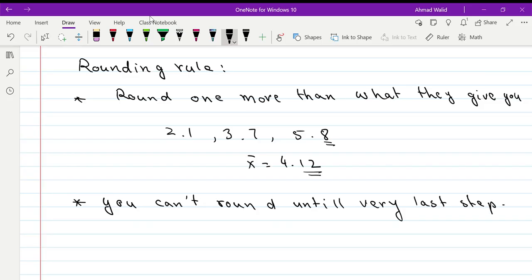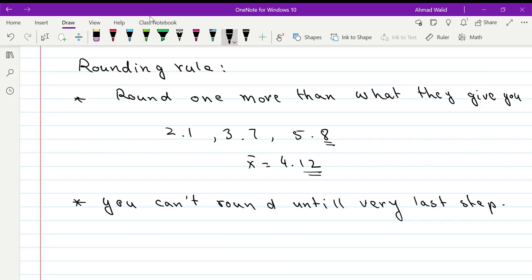Up to now, we are dealing with only one formula, but soon you will see there are formulas where you first find the mean, then you plug in your mean to another formula and calculate something else.